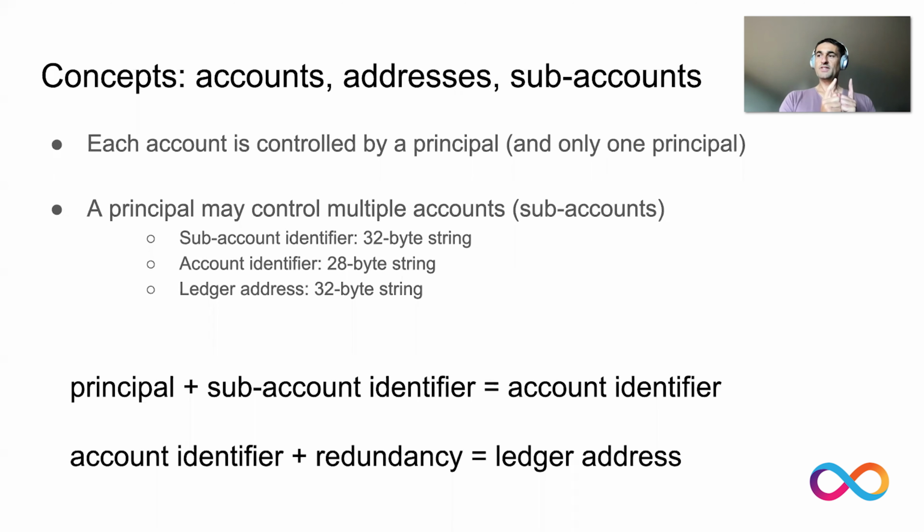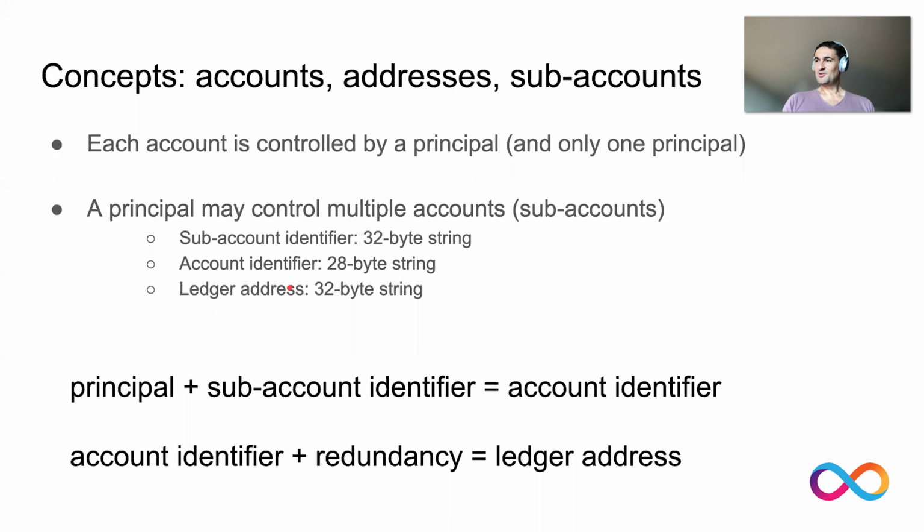Each account is controlled by precisely one principal, but one principal can control more than one account. We distinguish between the different accounts controlled by a principal using a sub-account identifier. This is just a 32-byte string, which combined with the principal identity results in a 28-byte account identifier.